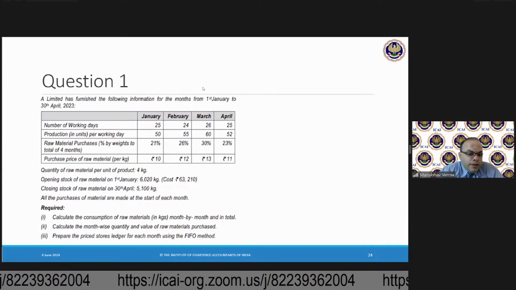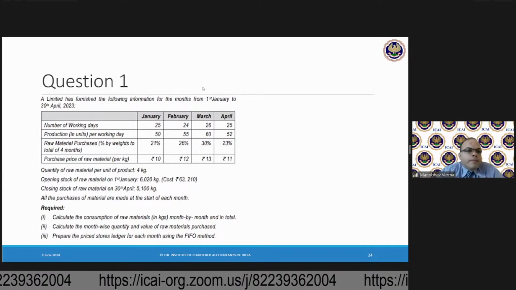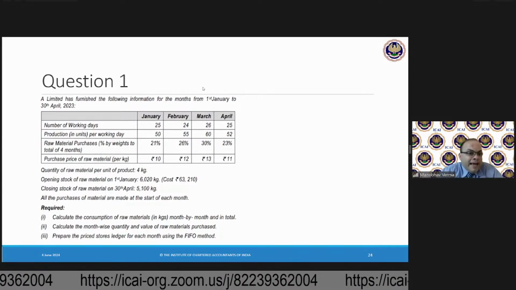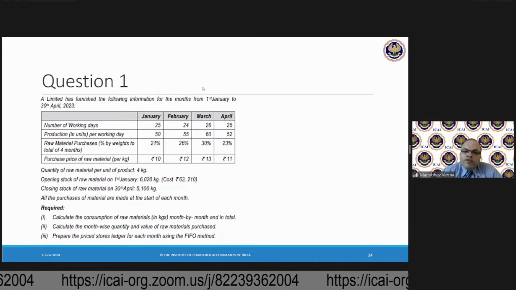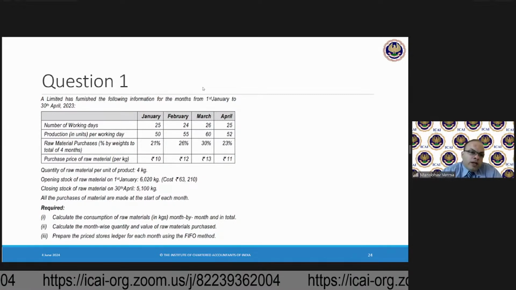So we are looking at question number 1 here, which says A Limited has furnished the following information for the months from January 1 to 30th April.